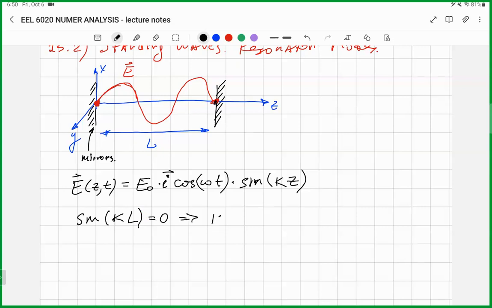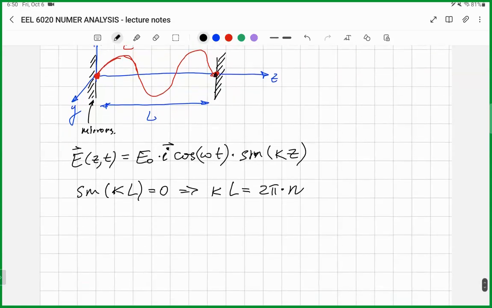So I conclude that k times L is equal to pi times n, where n is an integer number, starting from 1, 2, 3, etc. In these cases, the sine is equal to 0, and the field is perfectly equal to 0 at the second boundary, at the second mirror.